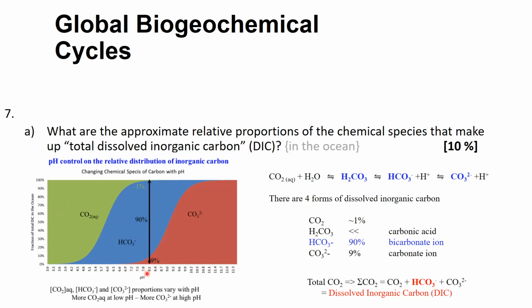But at the pH of the ocean, which is about 8.1, we have these approximate proportions here. So CO2 makes up about 1% of the DIC, 90% is bicarbonate ion, and roughly 9% is the carbonate ion. And only a very, very tiny amount is this carbonic acid. It's a very unstable molecule.